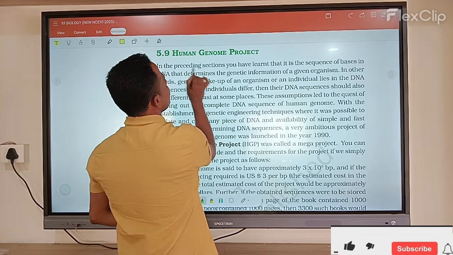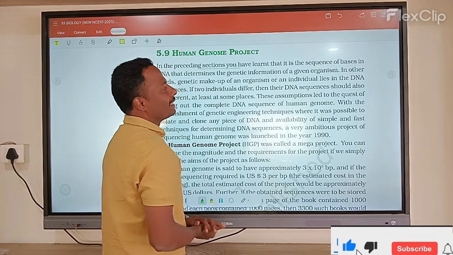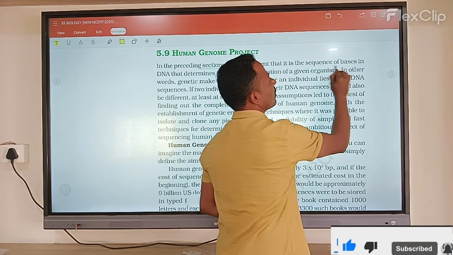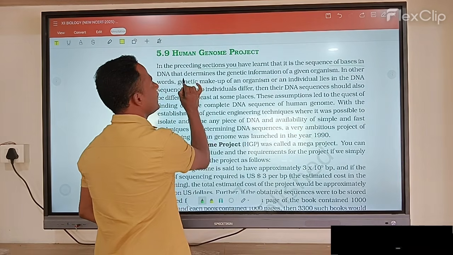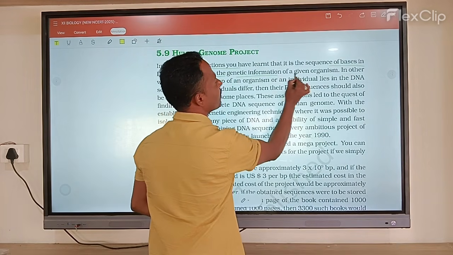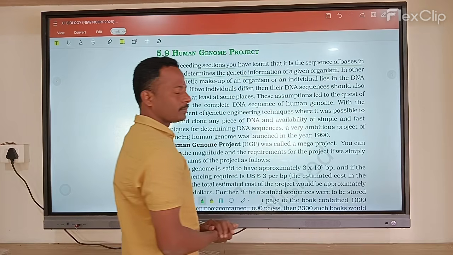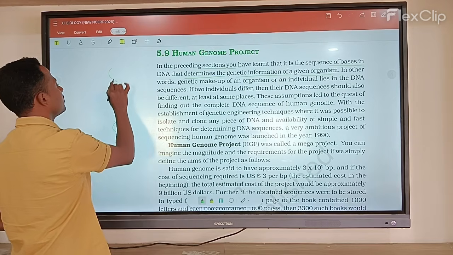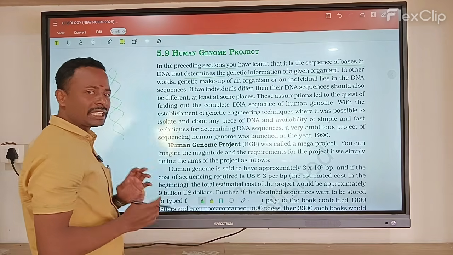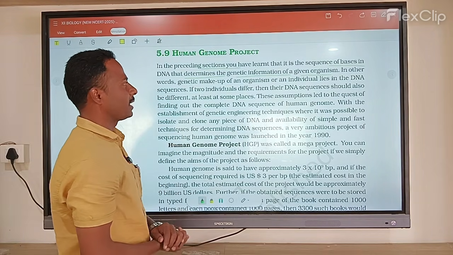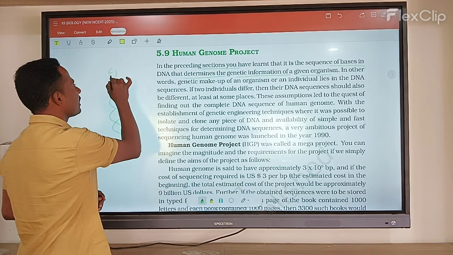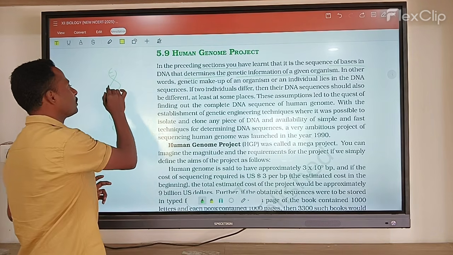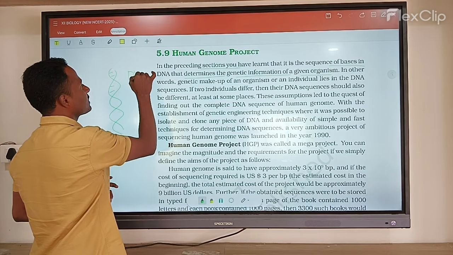In the preceding section you learned that the sequence of bases in the DNA determines the genetic information in organisms. So when you take any one particular organism, it contains genetic information, and we already know that this is a part of the DNA.